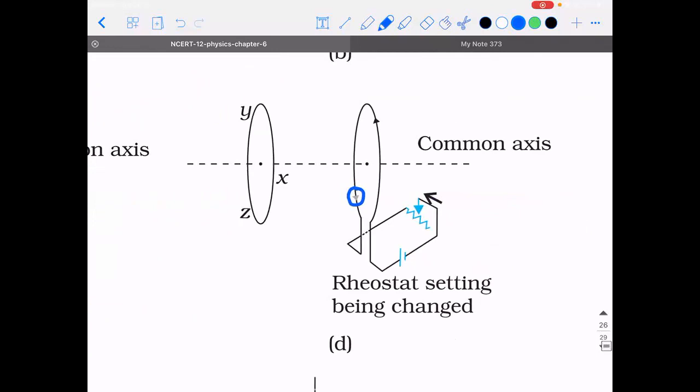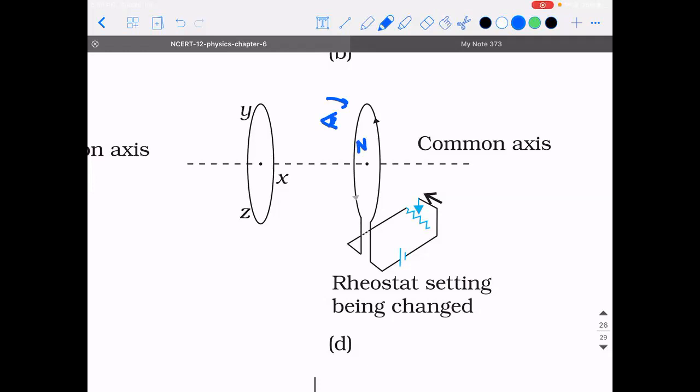Again, they both have a common axis. I always prefer to see from the side where I'm able to see the center. When I see from this side, what is the direction of current according to me? Anti-clockwise, north pole. So backside is obviously going to be south pole.